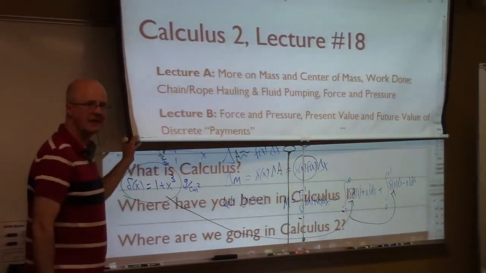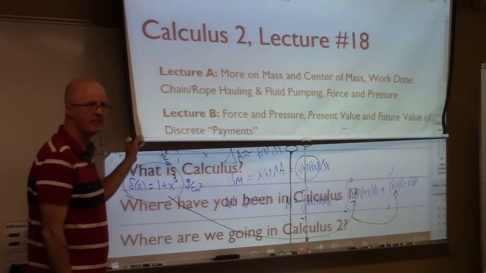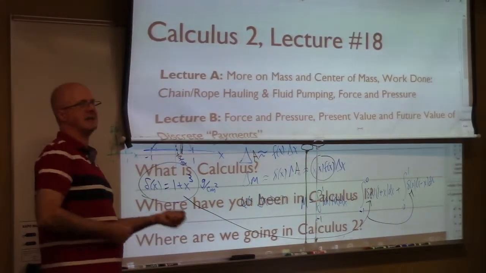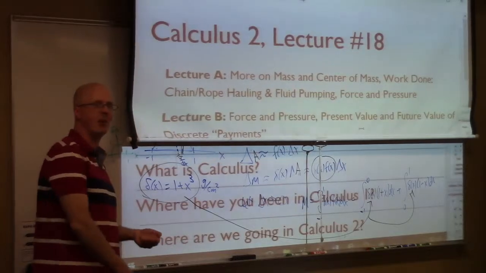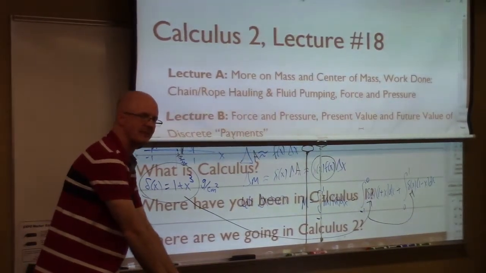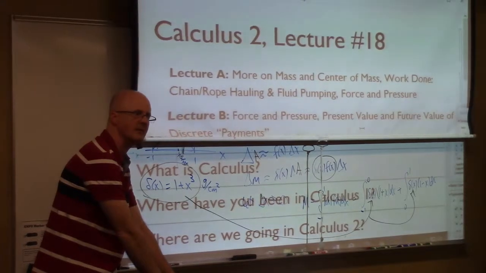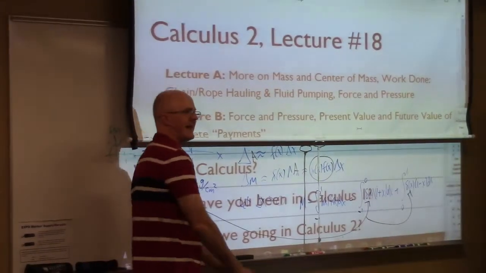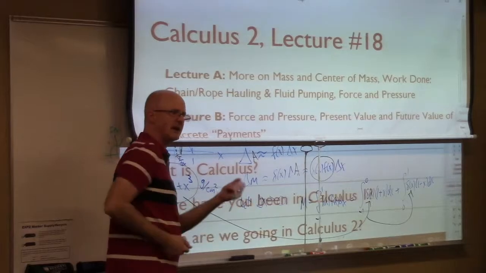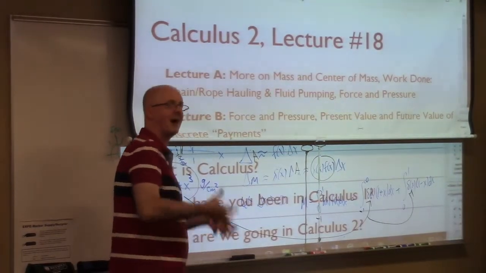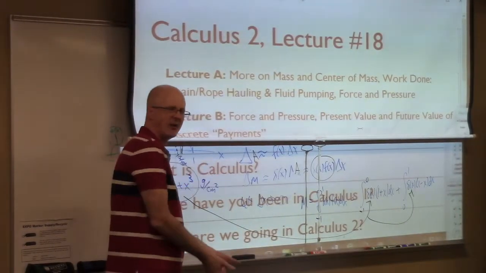Let's do a fluid pumping example this time. Did a chain hauling example, and I hinted about what to do when you add an extra mass at the bottom. I gave you guys a hint for that last problem. Right? That extra mass at the bottom that you were pulling up with the chain went a constant distance. It was an anchor for a boat.